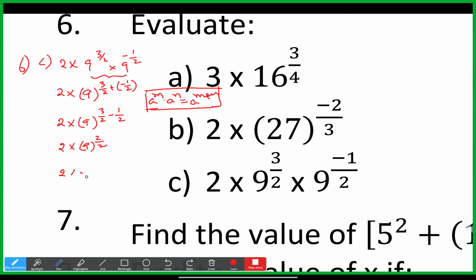So 2 into 9 power 2 by 2. 2 by 2 is how much, Ashwa? Sir, 1. So 9 power 1. 9 power 1 is 9. So the answer is 2 into 9, which is 18, sir.